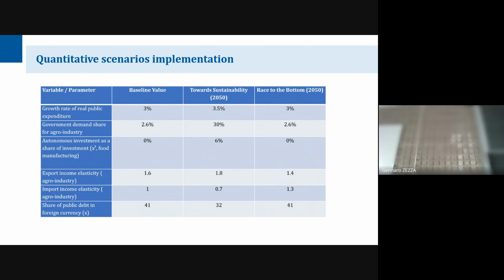And this animal spirits environment is given by a component of the investment function for the agri-food manufacturing industries, increasing 6%. This creates better competitiveness in the external market, so we raise a little bit more than 10% the export income elasticity. We decrease the dependence on external inputs.